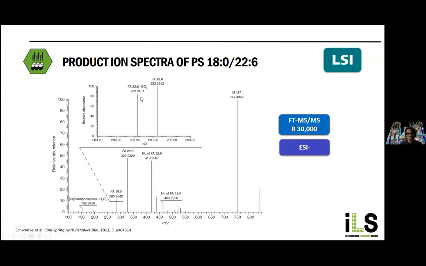And you see you get some kind of isobaric fragment. With a triple quad, you will never be able to differentiate that, but with high resolution, you can differentiate this fragment from the stearic acid fragment.